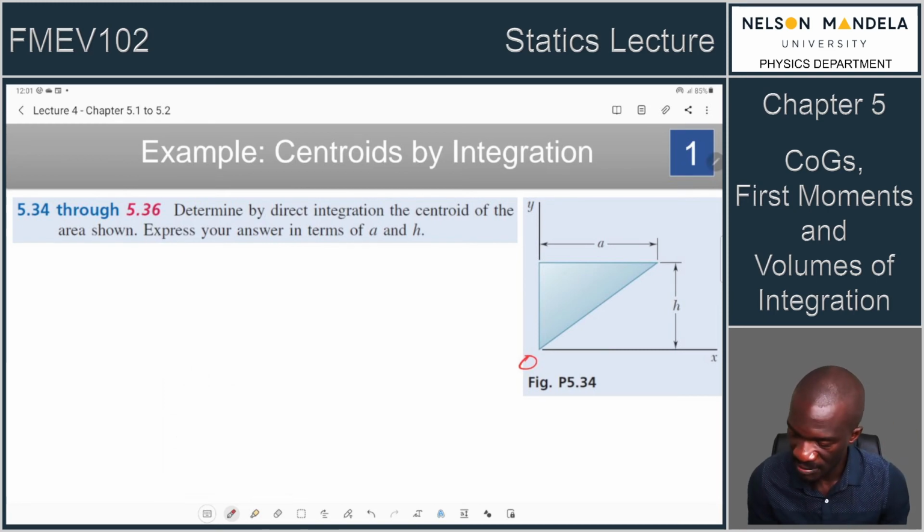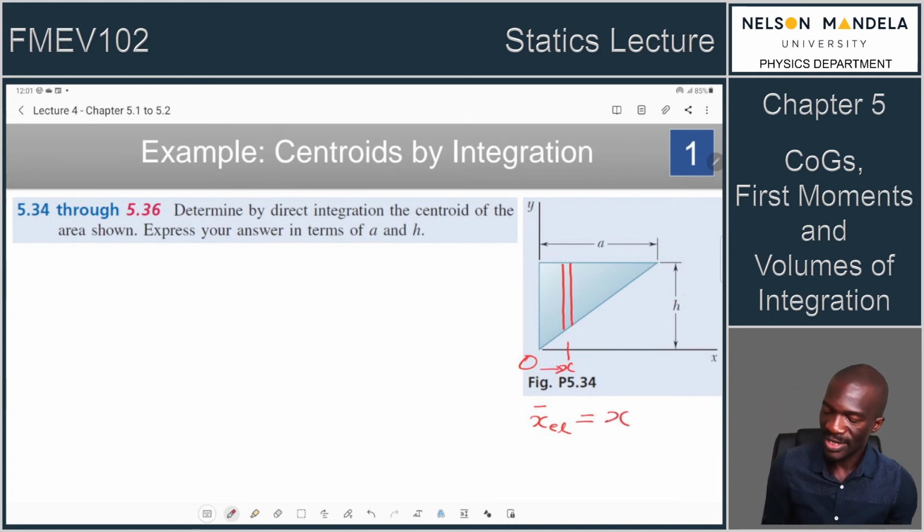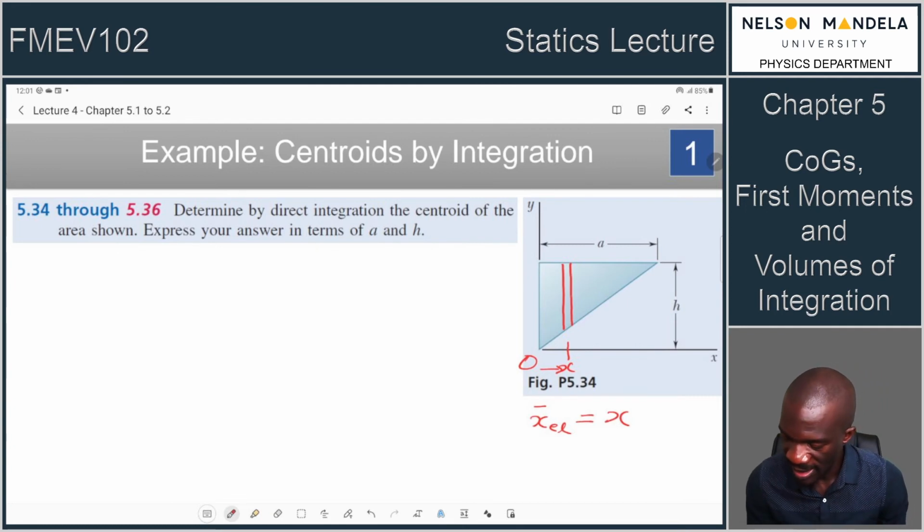I'll choose a vertical strip, which is going to look like that. In that vertical strip, we know that its x element is equal to the position x, so this is just an x position from the origin. What is its y element? Its y element is always half of the height for our vertical strip.